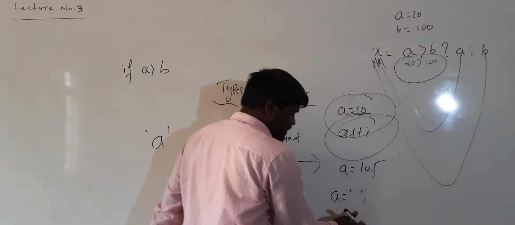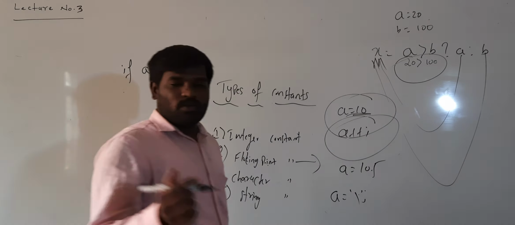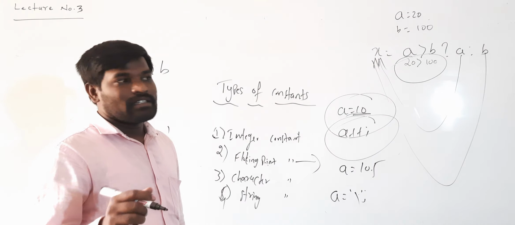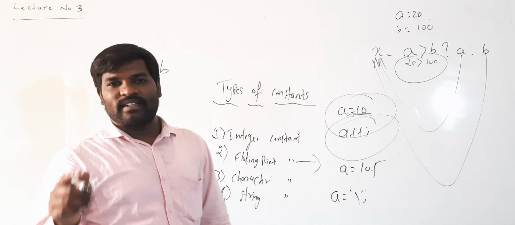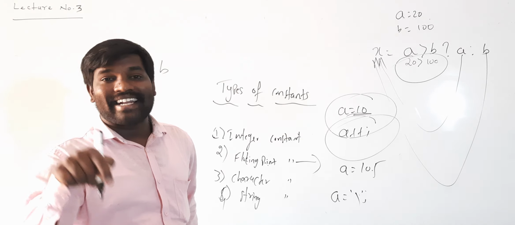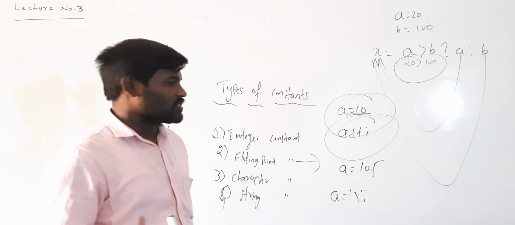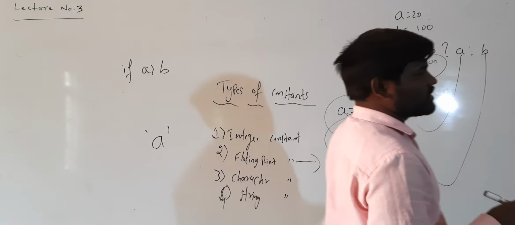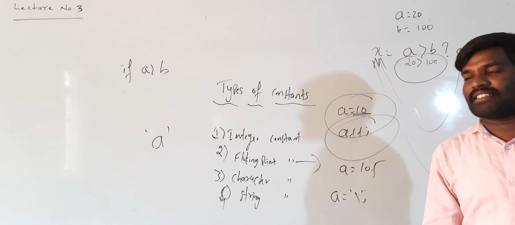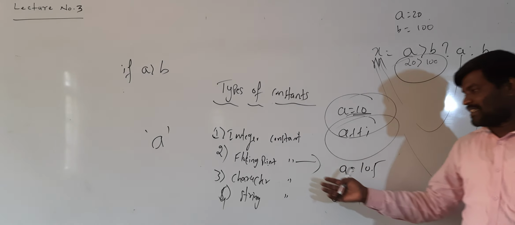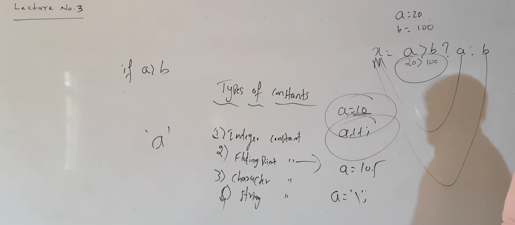Suppose if I write single quote of 1, generally 1 is a digit, but within the single quote, 1 is considered as a character. So whatever you mention within the single quote is nothing but the character. That character can be defined as a constant in the program, which is nothing but the character constant.